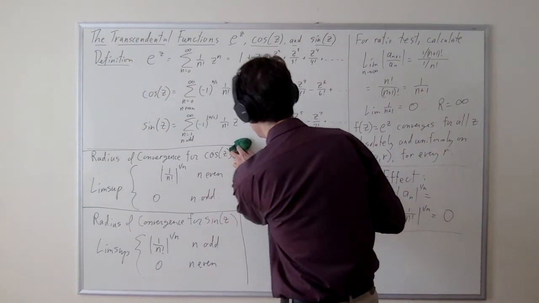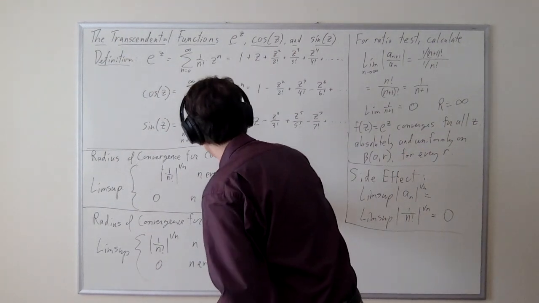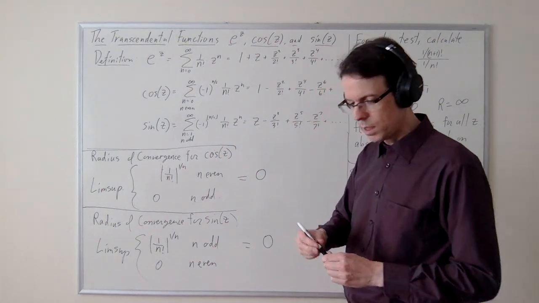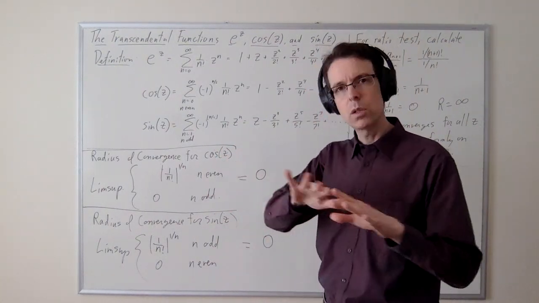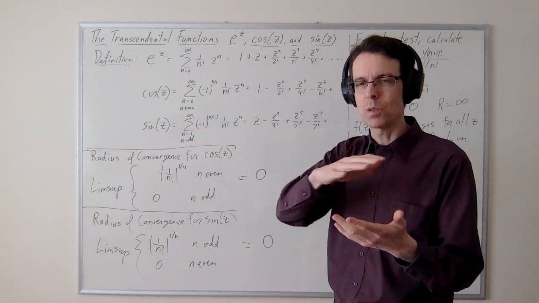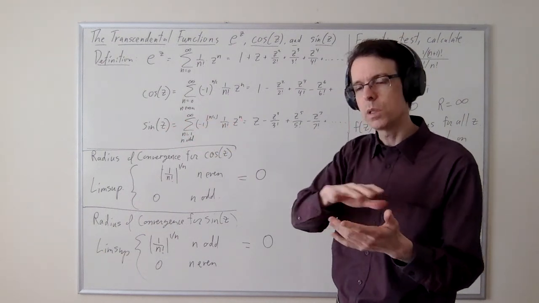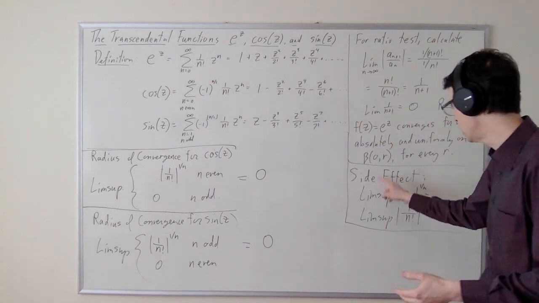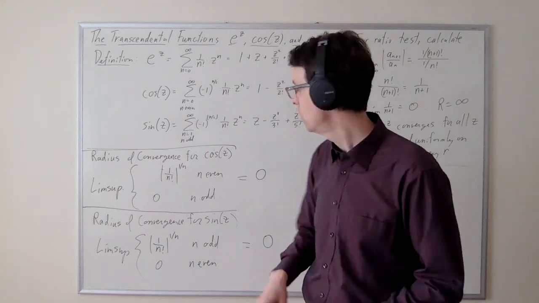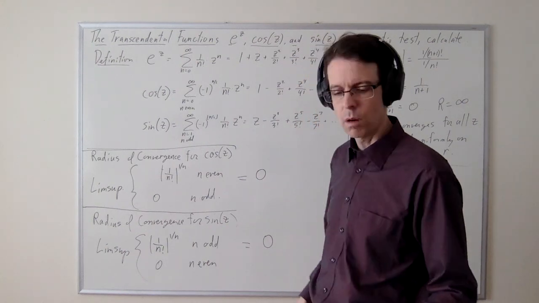So let me erase this and say this limit must be 0, and this limit must be 0, because each one of them is an interleaved sequence. We know that half of the sequence, the evens versus the odds, is tending towards 0 because of this, and we know that the other half is actually equal to 0. And so we know that this lim sup is 0 in each case.